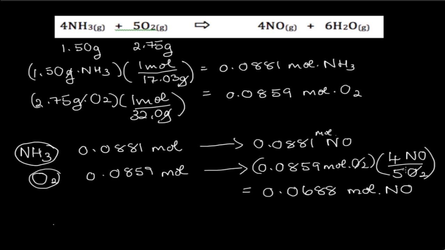Okay, so this is now where we need to look very carefully at what we've got. You will see that this is 0.0881 and this is 0.0688. This is the least amount of product, and that means it was produced by the limiting reactant.